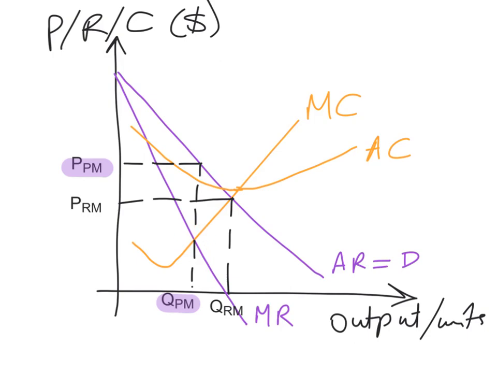They would restrict quantity and raise the price so that the price is higher. A revenue maximizing monopolist will produce QRM and charge PRM. Why? Because they will set the output where marginal revenue is equal to 0, where the marginal revenue curve intersects the horizontal axis, and then they would set a lower price. And this is the difference between a profit maximizing and a revenue maximizing monopolist.